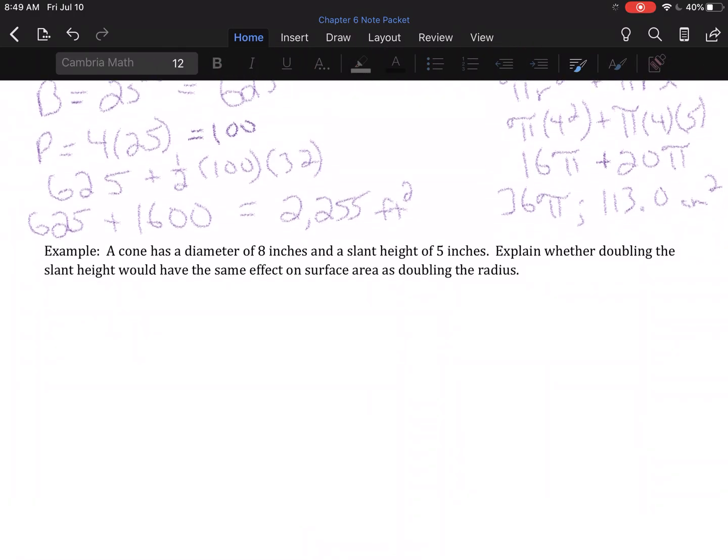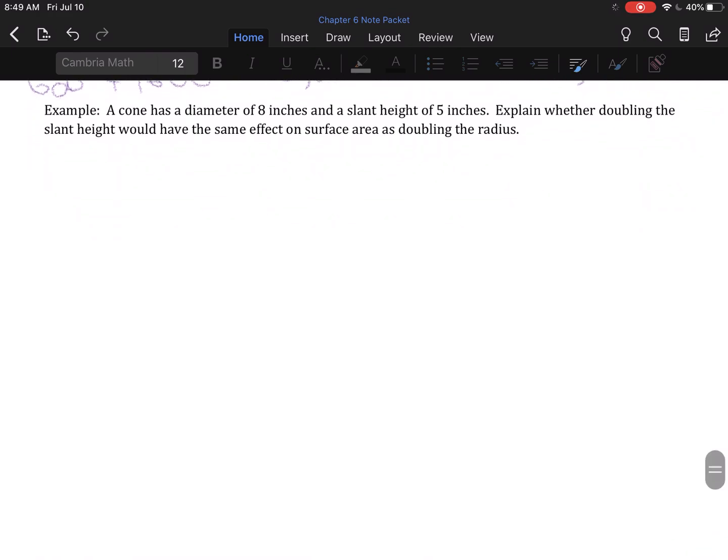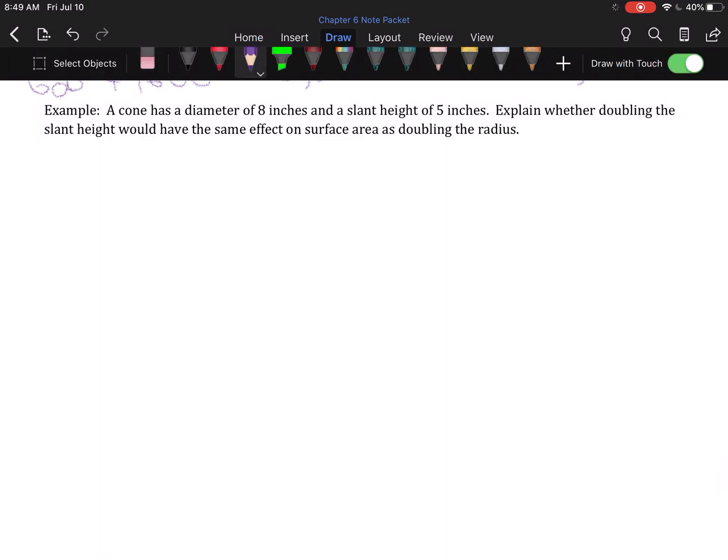Oh look, a cone has a diameter of 8 and a slant height of 5. Explain whether doubling the slant height has the same effect as doubling the radius. Okay, diameter of 8, so that means radius is 4, slant height is 5. Looks like we're doing 3 surface areas again.